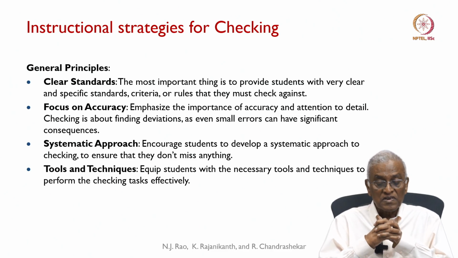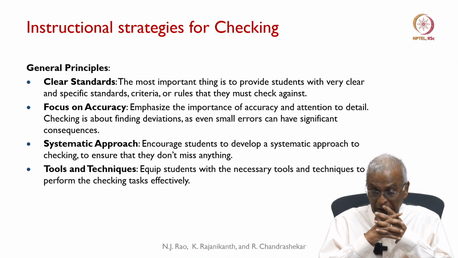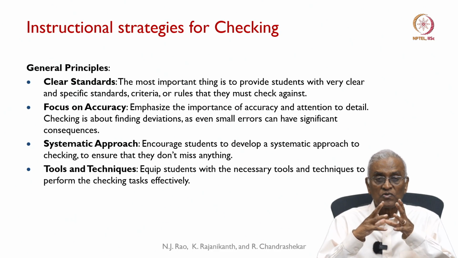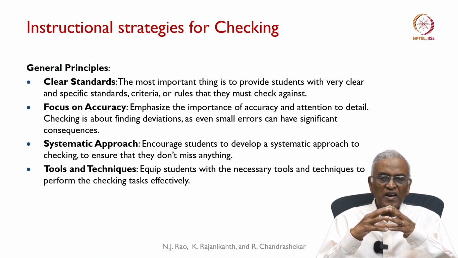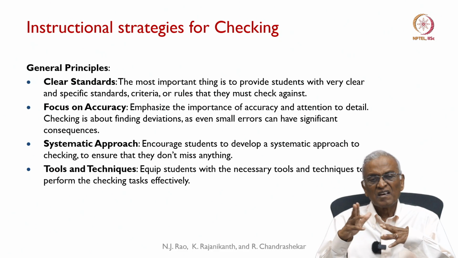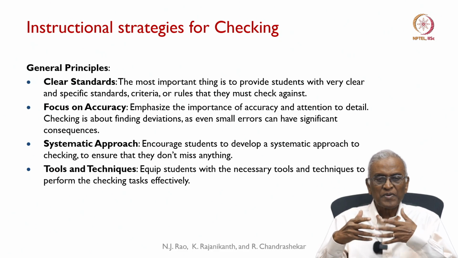Focus on accuracy. Emphasize the importance of accuracy and attention to detail. Checking is about finding deviations. Even small errors can have significant consequences. So you cannot say out of 10 factors it satisfies 9 factors, it's okay, because you are looking at it on a piece of paper.